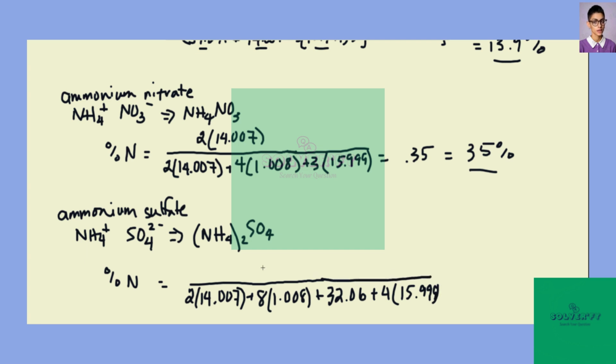And the mass of nitrogen is 2 times 14.007. This is 21%.